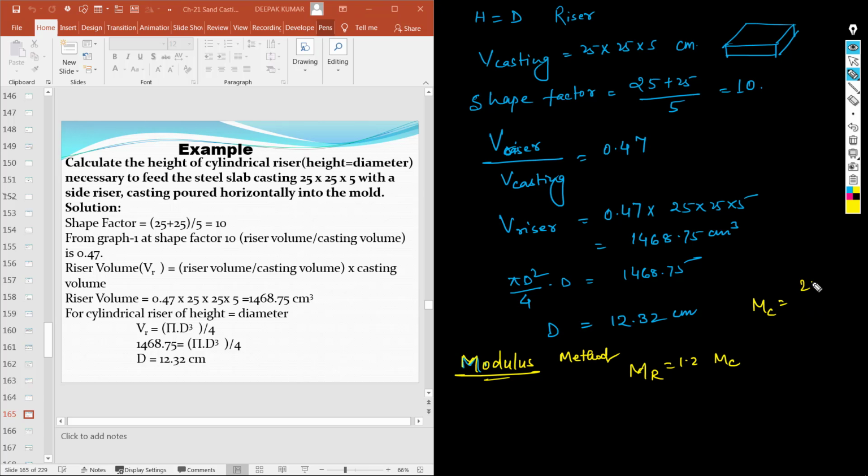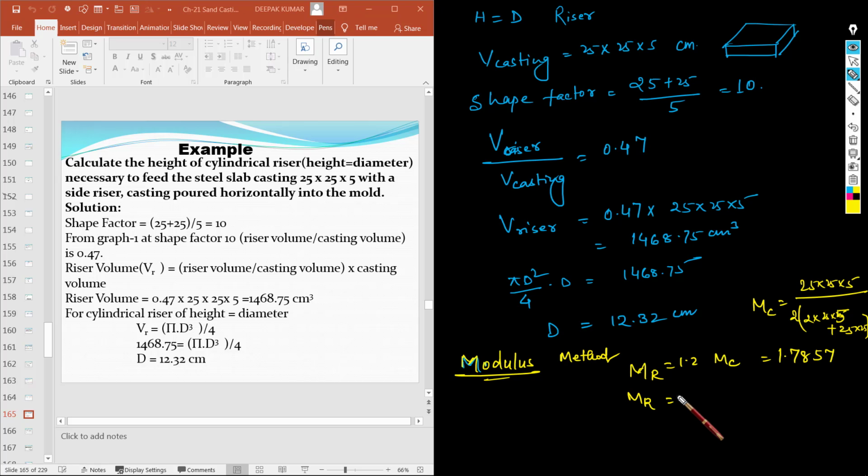Modulus of casting is volume of casting, 25, 25, 5, divided by surface area, 2 into (25 into 25 plus 25 into 5 plus 5 into 25 plus ... ) total 6 faces are there. Let's calculate the surface area using the calculator, divided by 2. We get 1.7857.